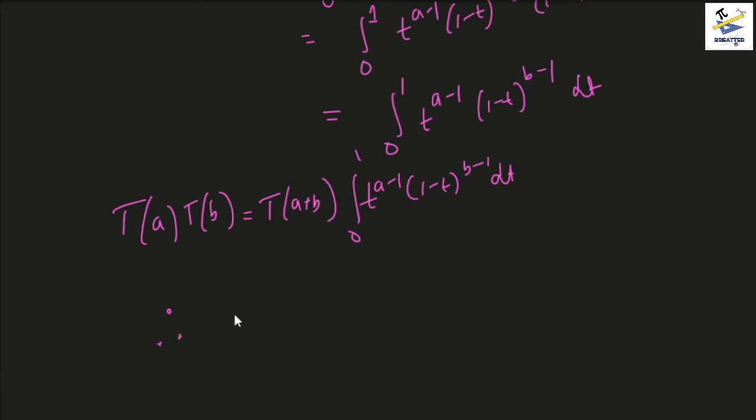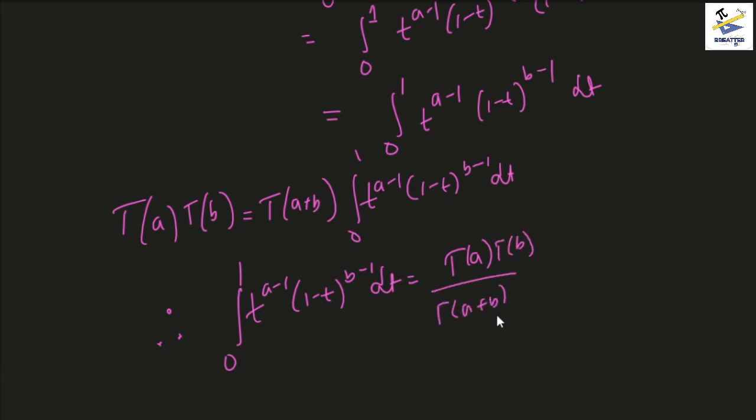Therefore 0 to 1 t to the power a minus 1 into 1 minus t whole to the power b minus 1 dt is equal to gamma of a into gamma of b by gamma of a plus b, which is the proof for the beta function.